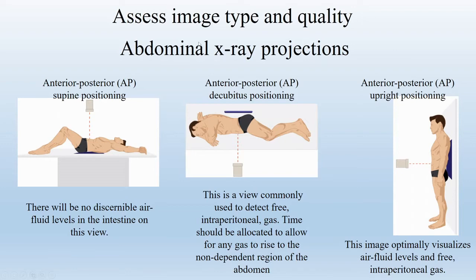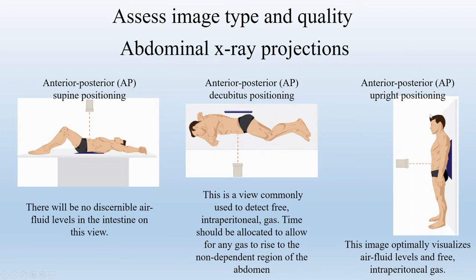There are different projections of abdominal X-ray. It can be supine positioning, anterior-posterior, decubitus positioning, and upright positioning. There are some benefits and drawbacks in each of these positionings. Decubitus is good to detect free intraperitoneal gas, but it's important to let the patient lie for a bit so that the gas rises up on the side.